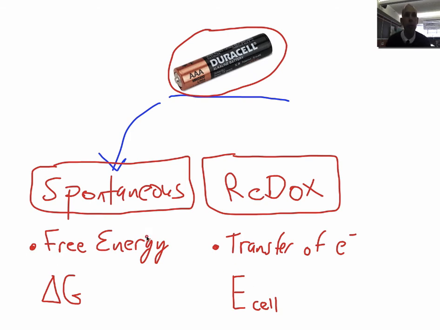So if a reaction produces free energy, we have delta G with a value that's less than 0. That means it's just producing energy. It's not taking in any energy. So if delta G is less than 0, E, the voltage of a battery, is greater than 0.